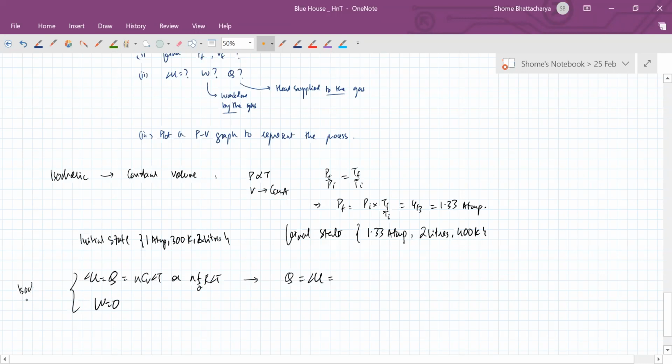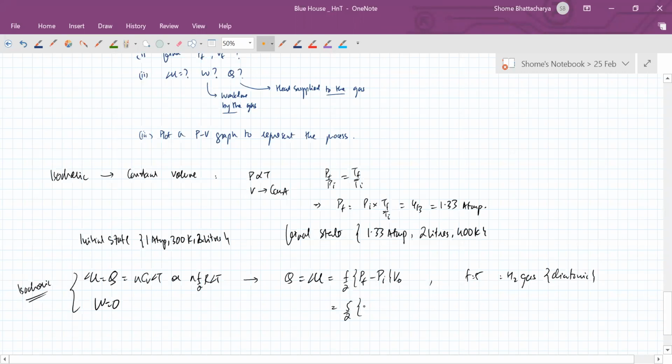That's the definition for isochoric process. So this can be written as f by 2 into final pressure minus initial pressure into the volume. So 5 by 2 because it is hydrogen gas, so diatomic.